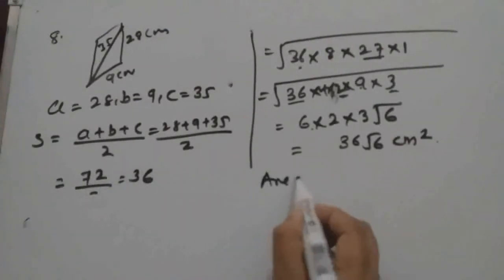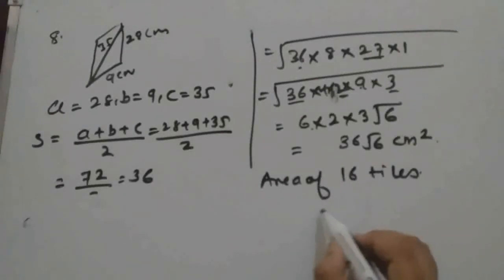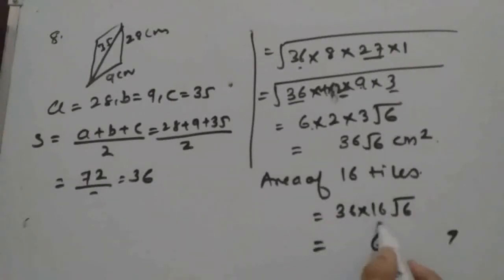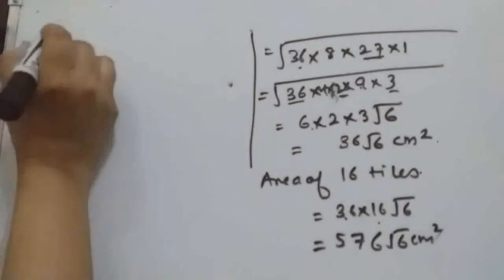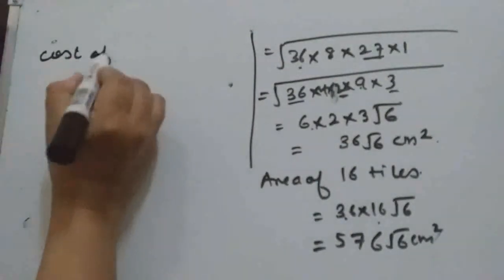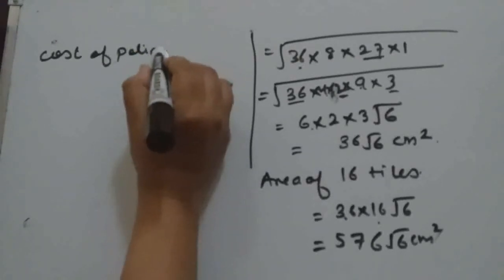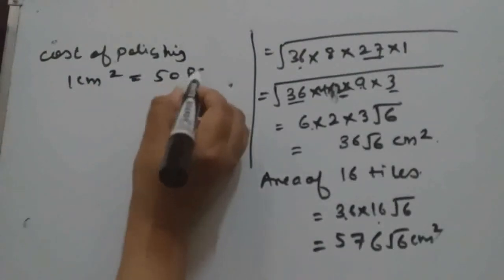So area of 16 tiles will be 36 into 16 root 6, which is 576 root 6 centimeter square. Now the cost of polishing: 1 centimeter square area is 50 paise.